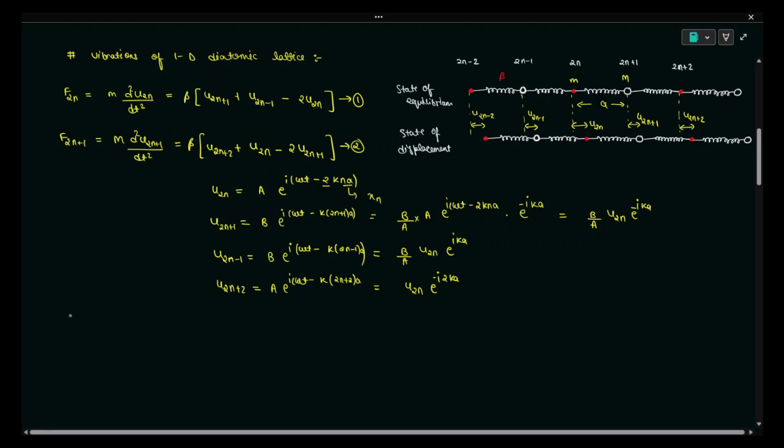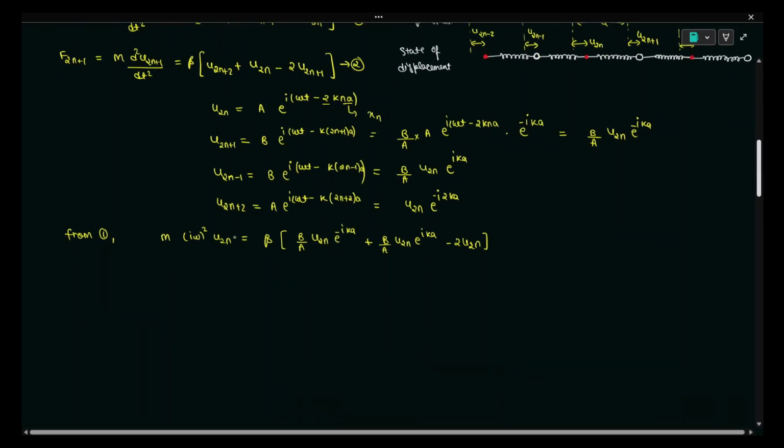So we will get from equation 1 m, and then the double time derivative of u2n will give me iota omega raised to power 2 times u2n, and that will be equal to beta, and u2n plus 1 I can write as b by a u2n e raised to power minus iota ka, then plus u2n minus 1 I can write as b by a u2n e raised to power iota ka, and then minus 2 u2n.